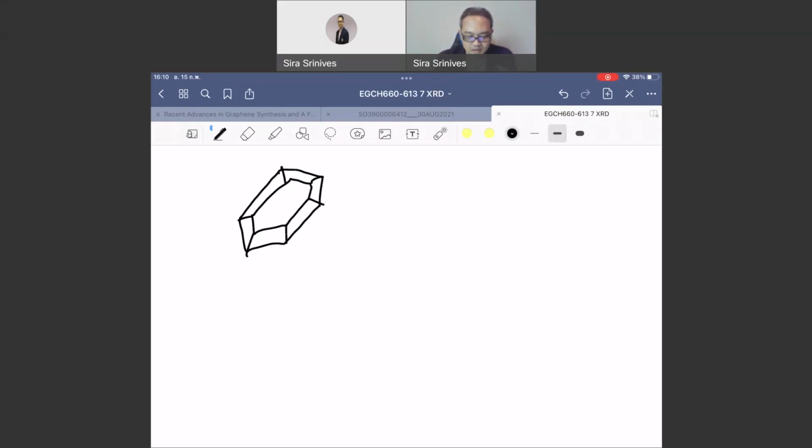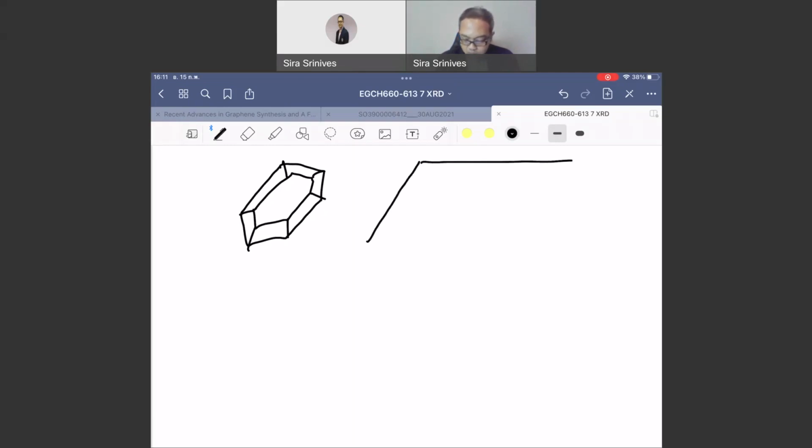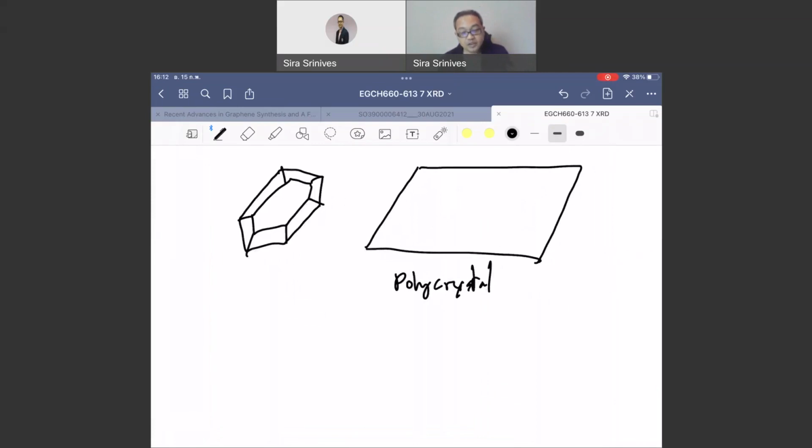The entire atoms in this crystal have the same pattern, combining with one another and staying with one another. That's a single crystal. But when we talk about a material that is not very electrically conductive, or a material that has to be a bulk material, a big one, instead of just nanoparticles and single crystals, we probably need to deal with polycrystal. A polycrystal has the same kind of atomic formation, but there would be separation between each atomic formation.